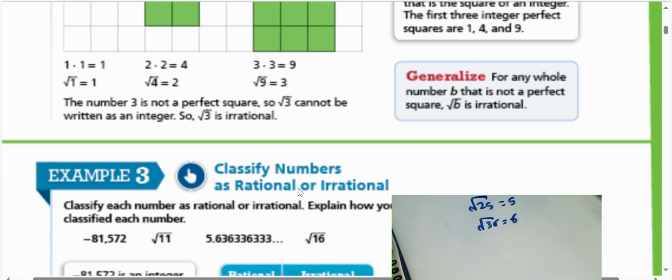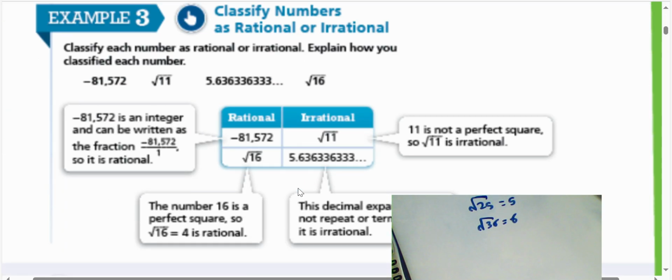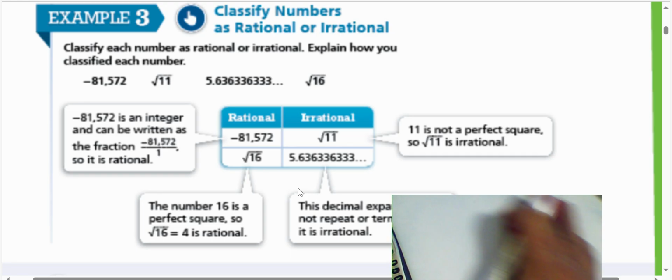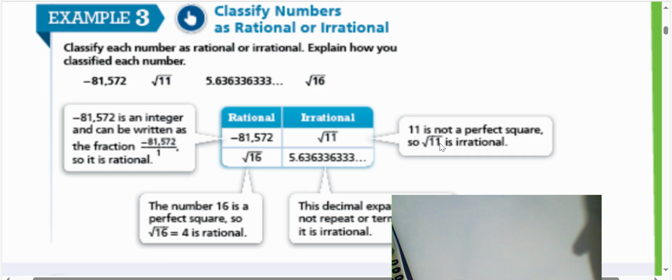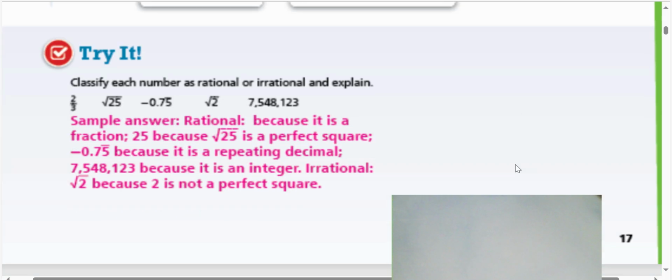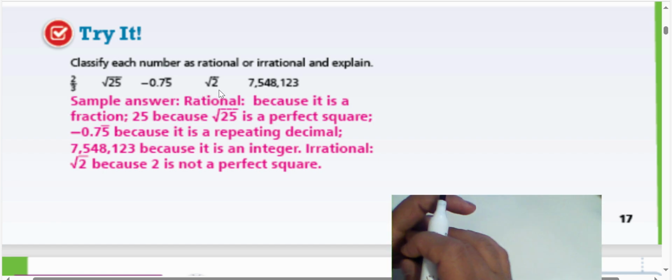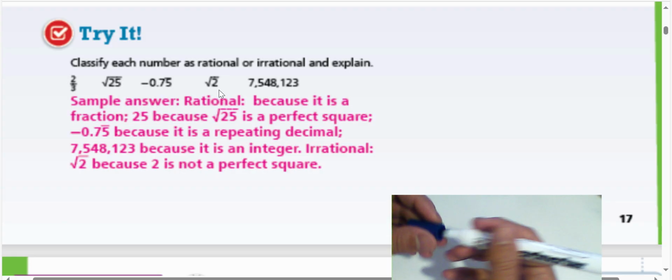Let's find numbers like this. Square root of 16 equals 4, and square root of 11 is not a perfect square, so square root of 11 is an irrational number. We have here 2 over 3 and square root of negative 25. All these numbers we call rational or not. We have root 2 belonging to irrational numbers, and also what?